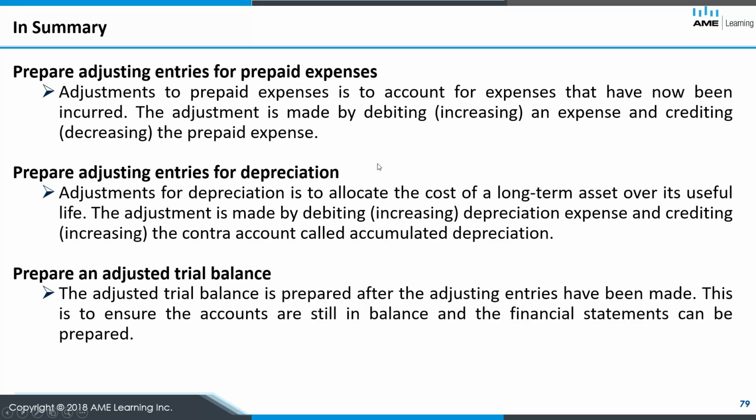Depreciation is a new topic that we talked about, where our plant, property, and equipment, or in other words, long-term assets, will be reduced in value over their useful life. And we do that by increasing depreciation expense and also increasing this new type of account called a contra account.